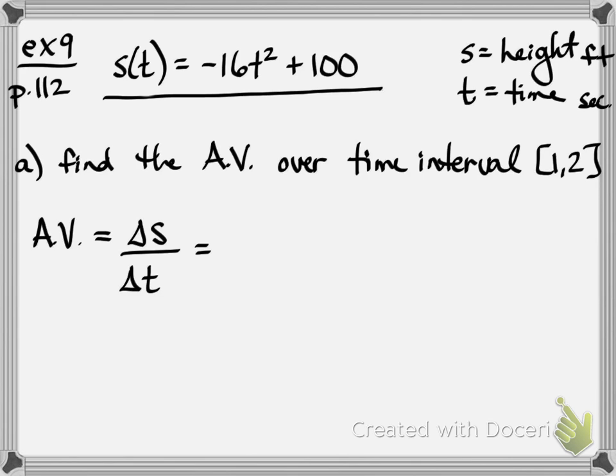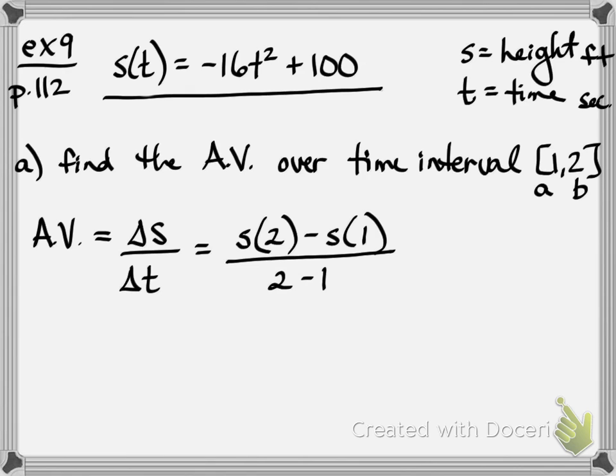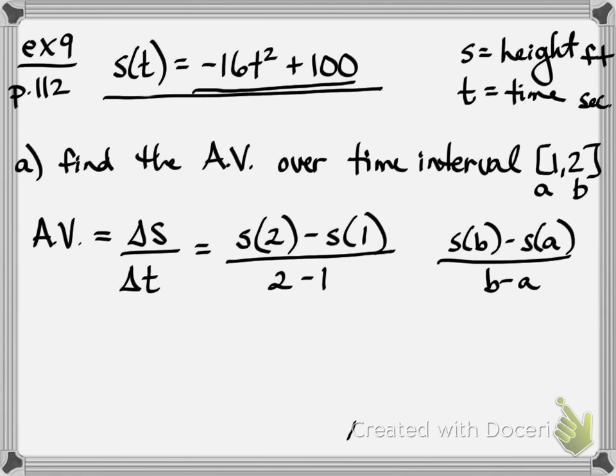Okay, so change in position would be the position at one endpoint in that interval minus the position at the other endpoint over the time in seconds just subtracted. So here's our two values, our A and our B. It's like S of B minus S of A over B minus A. That's what I'm doing. So S of B, we're going to put 2 into the position function and work it out.